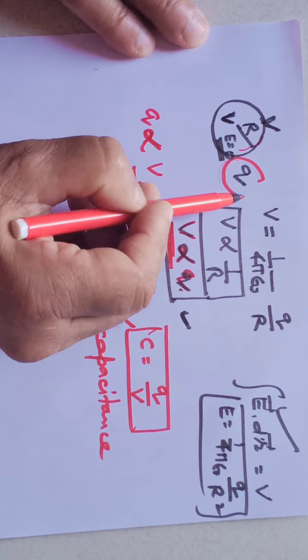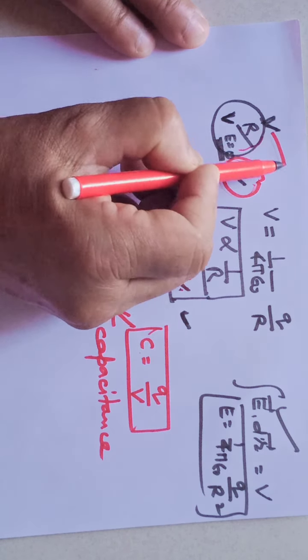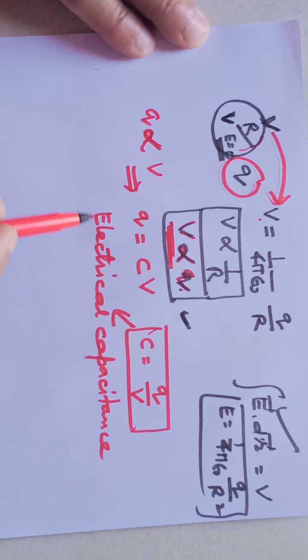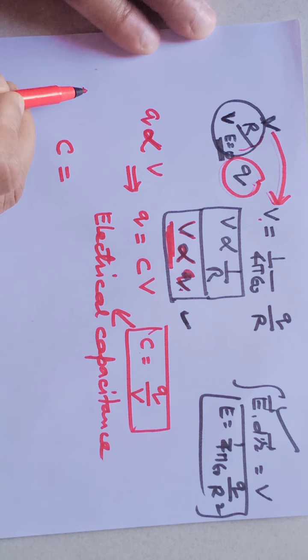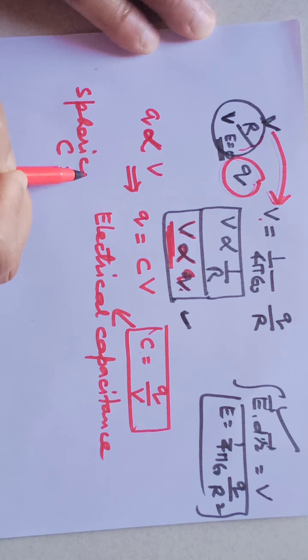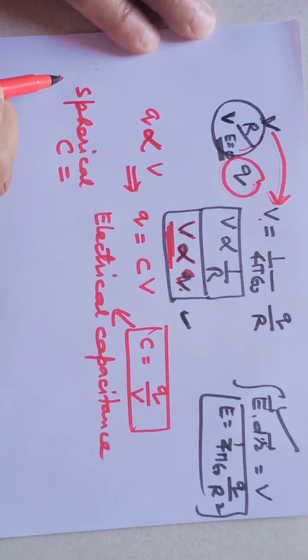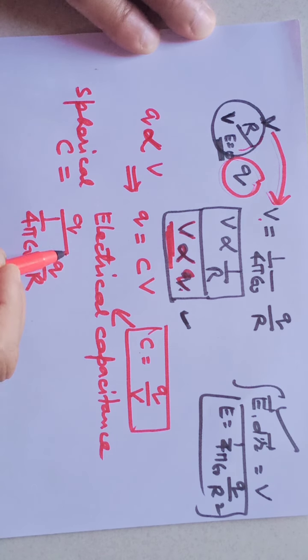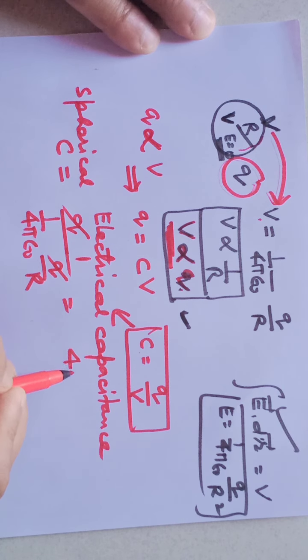The charge given to this spherical conductor is Q. Potential developed on its surface is V. So the capacitance of the spherical conductor, C, comes out to be Q, the charge given, upon V, the potential developed on its surface, Q by R. So Q cancels out, and we have an expression 4 pi epsilon naught into R.